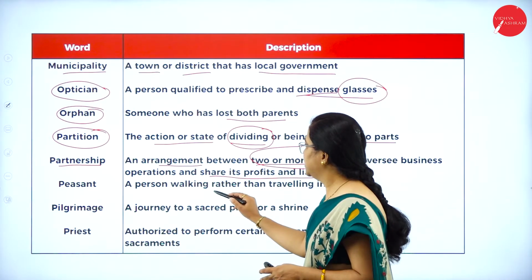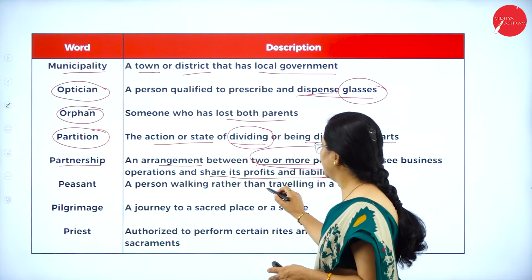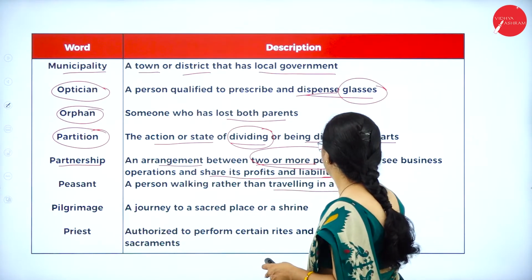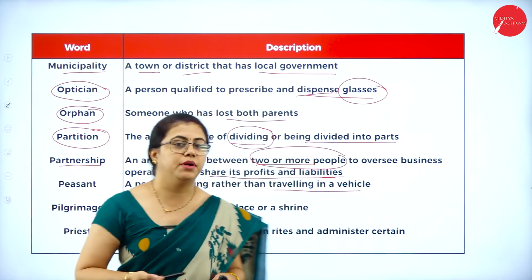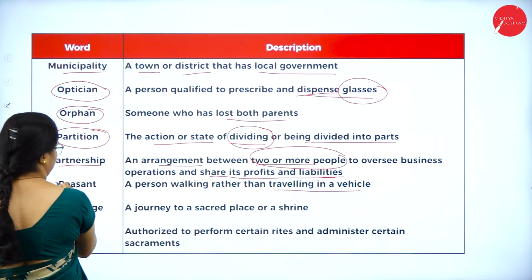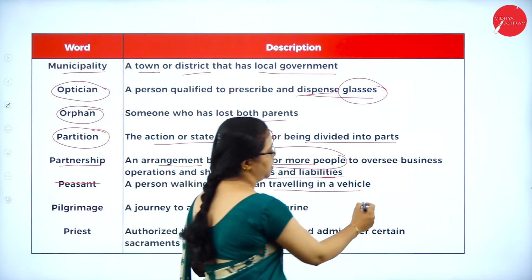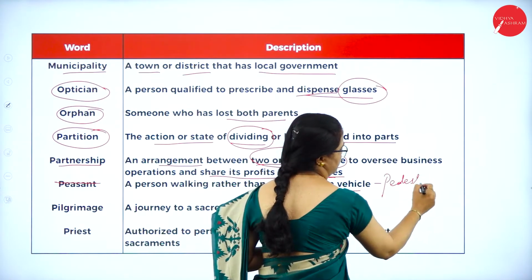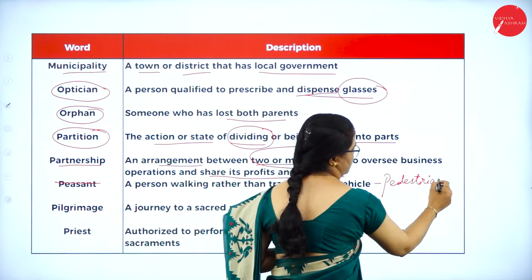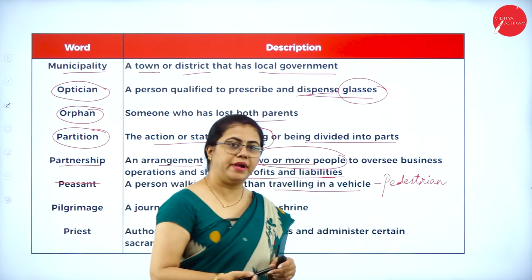Then a person walking rather than traveling. Okay, so a person walking or traveling in a vehicle. So that person is called as a pedestrian. Sorry, there is a mistake over here. Just change it to a pedestrian. Okay, he is called as a pedestrian.